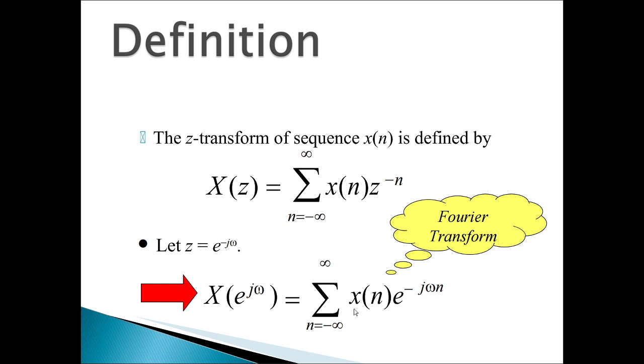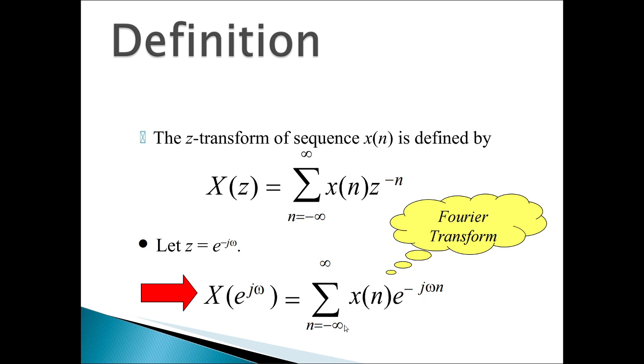Fourier transform, that means what? If you assume the integral from minus infinity to plus infinity of x of t into e to the power of minus j omega t, with respect to dt, if it is a continuous time signal, it is equal to the Fourier transform only.